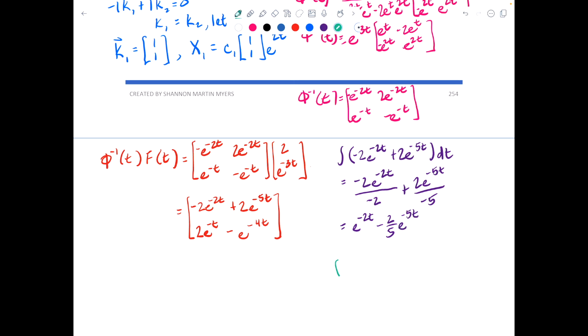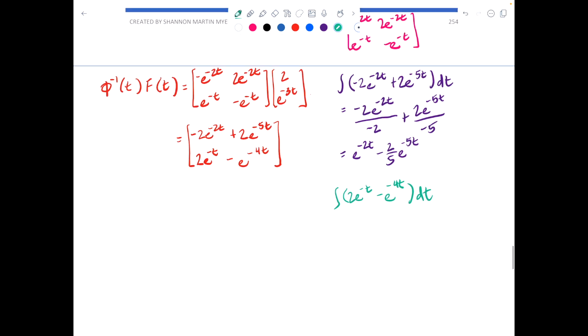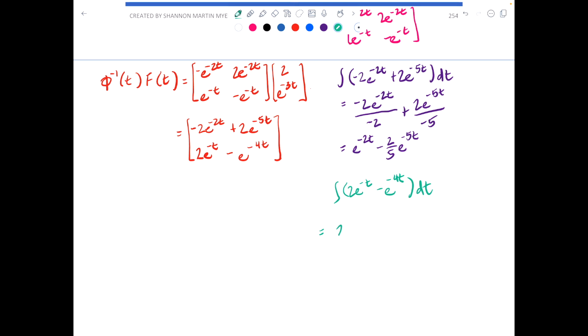Finding the second one, we'll have 2e to the negative t minus e to the negative 4t dt equals 2e to the negative t divided by negative 1 minus e to the negative 4t divided by negative 4, which will give us negative 2e to the negative t plus 1/4 e to the negative 4t.